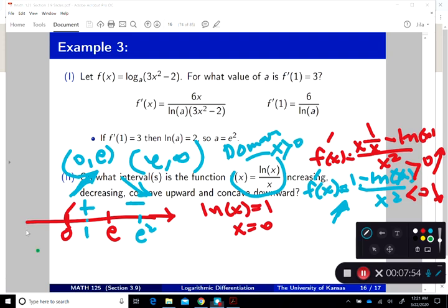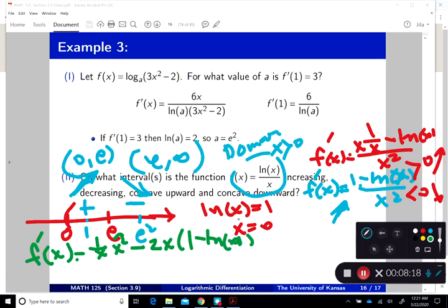I'm trying to take the second derivative over here, and f prime of x is going to be the derivative of the top, which is 1 over x, times x squared, and then minus the top times the derivative of the bottom, 2x times 1 minus natural log of x, divided by x to the power of 4. Now, if you simplify this, and factor an x out, then you will get an x.